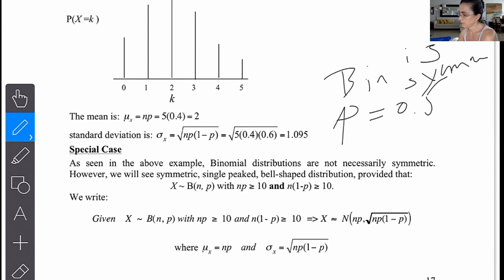symmetric. The binomial distribution is symmetric if p equals 0.5, but it's also symmetric if it satisfies these two criteria. First, if n times p is greater than or equal to 10, so its mean is bigger than 10, and n times 1 minus p is bigger than or equal to 10.